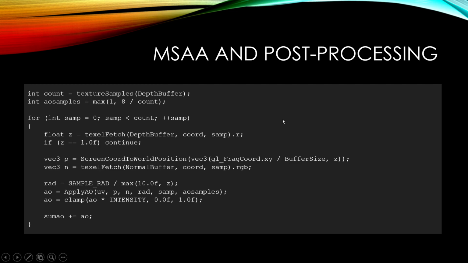As a result, when MSAA is enabled, the SSAO effect doesn't have any extra expense, but it does use those multiple samples stored in the depth buffer. That was a very nice resolution to that problem, because we've got the anti-aliasing, but we're also not increasing the cost of our post-processing effects, especially SSAO, which tends to be a rather expensive effect.